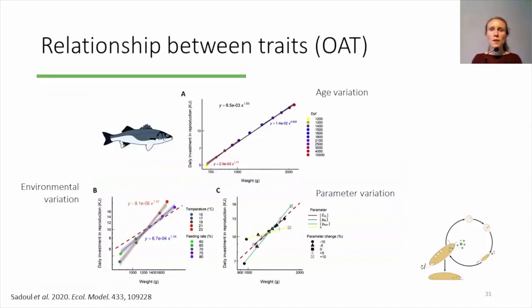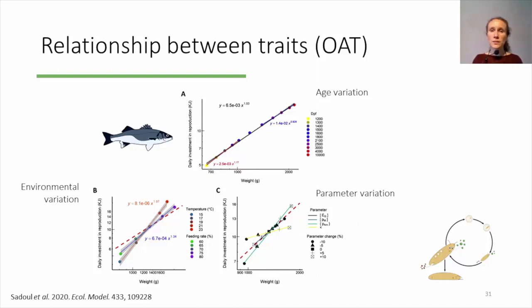Another way of identifying which parameters are more likely to explain the variation within one species is to use the relationship between traits. So here, for example, in European sea bass again, they use the relationship between reproductive output and size.